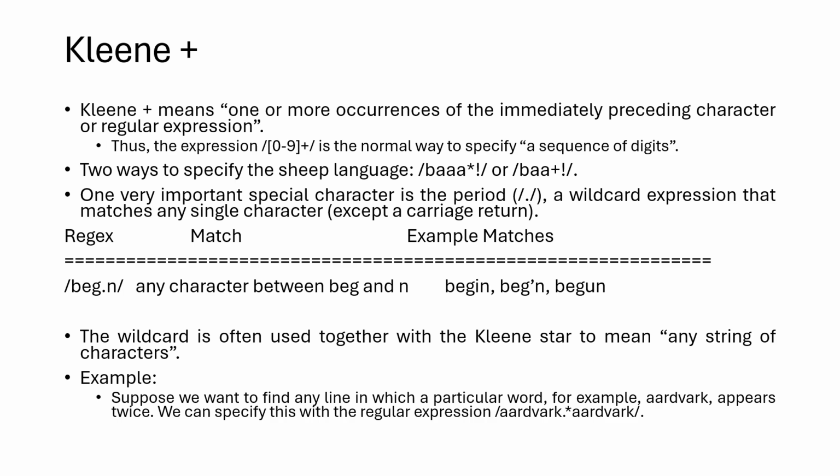The wildcard is often used together with the Kleene star as well, to specify any string of characters. Suppose you want to find any line in which the word odd appears, then to check whether it appears multiple times or twice or not, you can give it like this, using the dot and Kleene star operators.